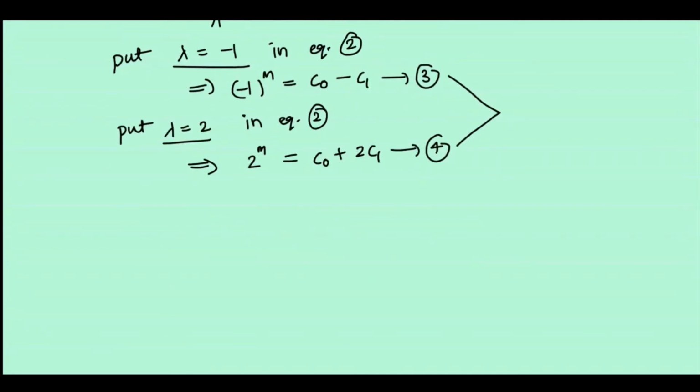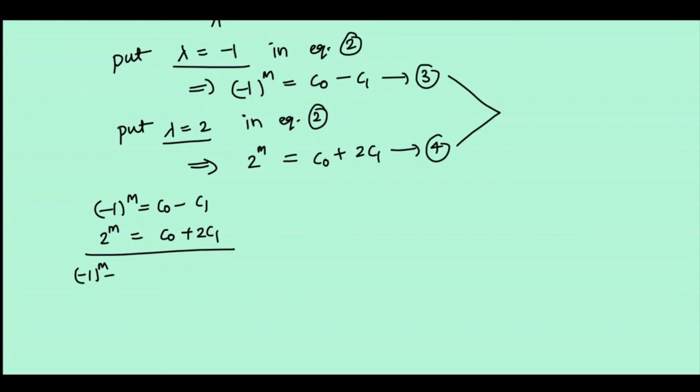From equation 3, I have minus 1 raised to m equal to C0 minus C1, and equation 4 is 2 raised to m equal to C0 plus 2C1. If I subtract, I will get minus 1 raised to m minus 2 raised to m equal to minus 3C1. This implies that C1 equal to 1 by 3 times (2 raised to m minus minus 1 raised to m).